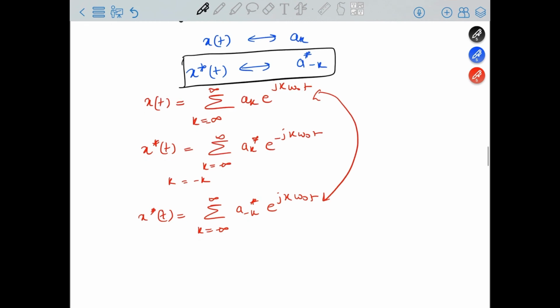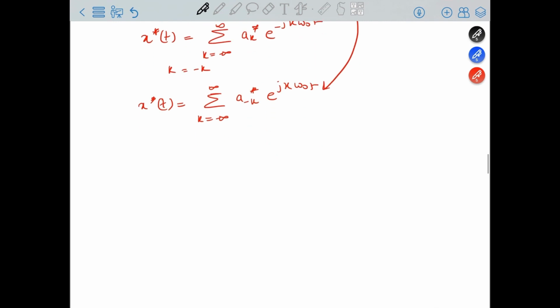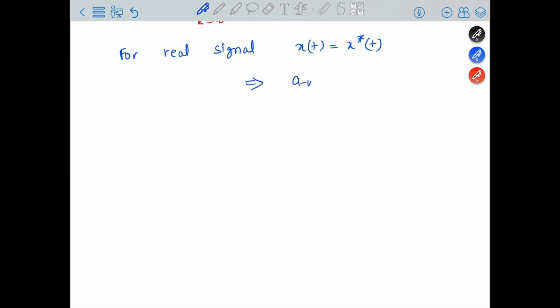So, this is the property of conjugation and conjugate symmetry, and there are some interesting points that arise from it. For a real signal, we know that x(t) will be equal to x star of t, and it further signifies that a of minus k will be equal to a_k star.